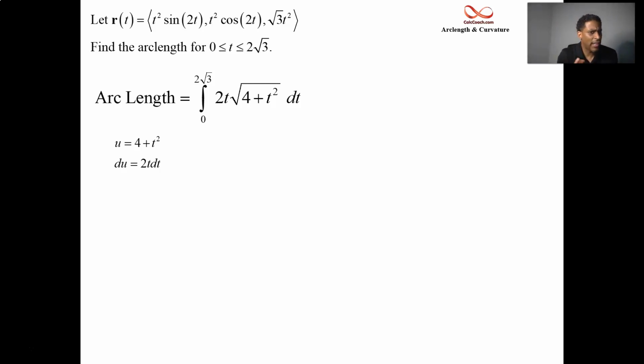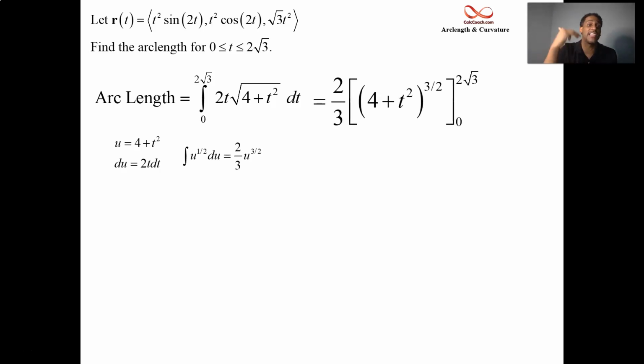So you're just integrating the square root of u, or u to the half. Power rule in reverse, you add 1 to it, you get u to the 3 halves. You divide by 3 halves, but same thing as multiplying by 2/3. That's some side work to help you figure out that the antiderivative of 2t rad 4 plus t squared is the 4 plus t squared quantity raised to the 3 halves power times 2/3.